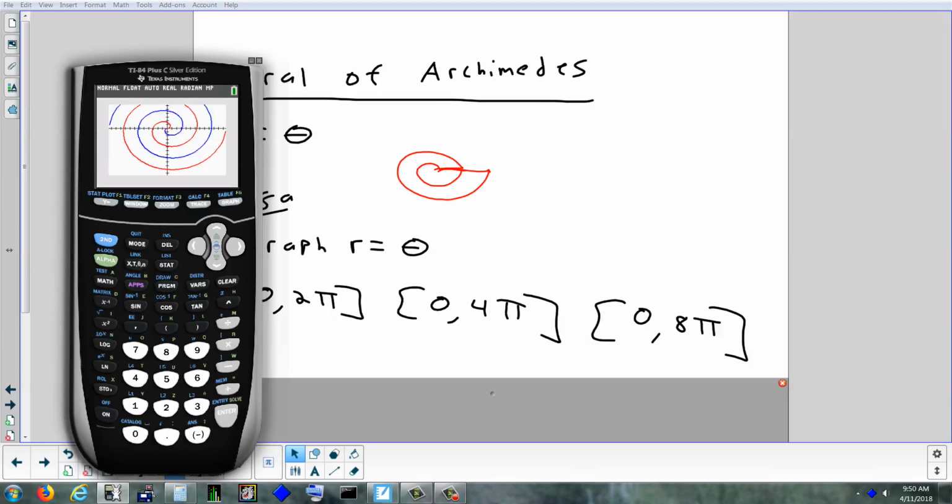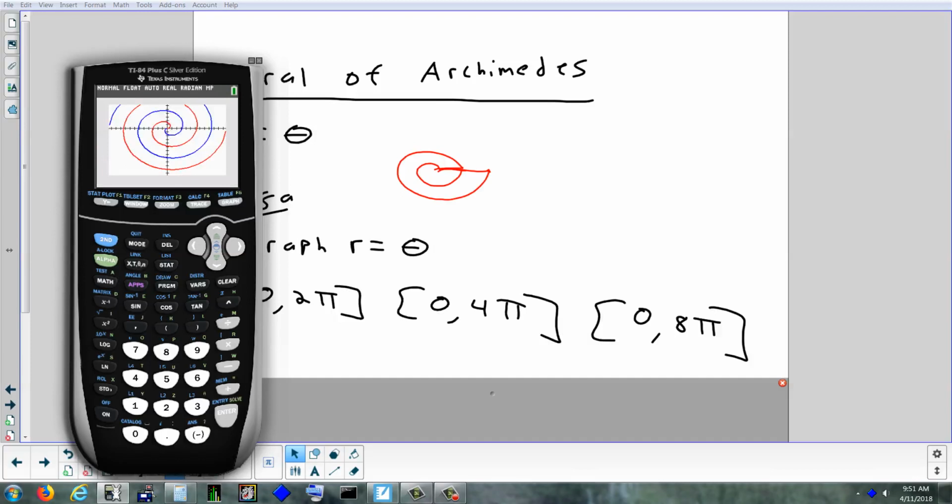It's kind of like some type of mirror image of it. It's kind of like a reflection, but not necessarily left and right or up and down, kind of a combination of both. It's almost like it's been rotated 180 degrees, the spiral.